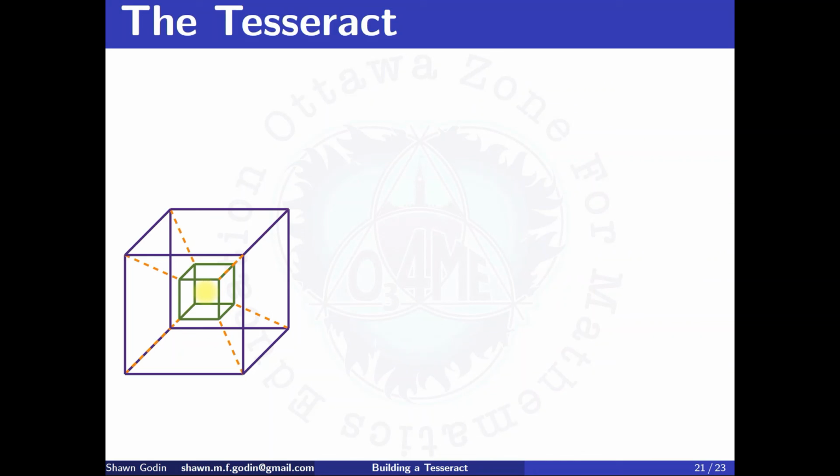So let's unfold this into the net. We'll do the same sort of thing that we did with 2 dimensions. We'll start with the guy in the center. And just like with the 2-dimensional case, we saw that the guy in the center was attached on each of its faces to another square, or each of its edges to another square.